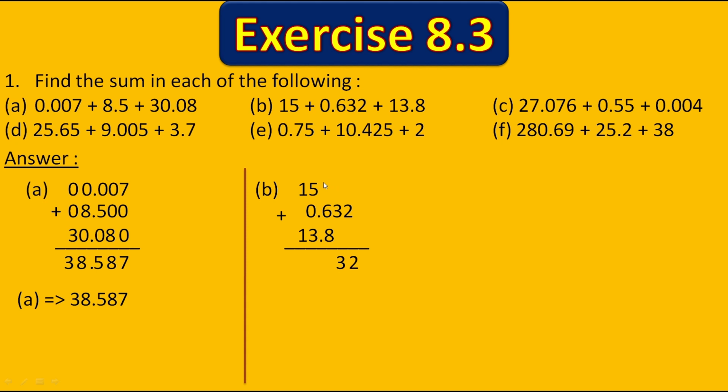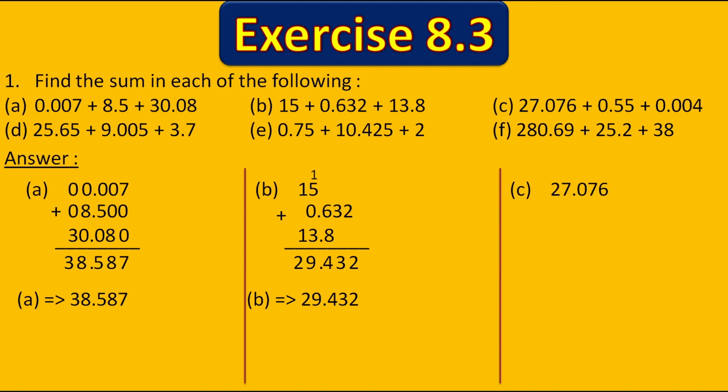Then comes 6 plus 8. 6 plus 8 will give you 14. So 4 is here and 1 will go to carry forward. Next we have to put decimal point, and 5 plus 3 plus 1 will give you 9. Next 1 plus 1 will give you 2. So the answer for this is 29.432.